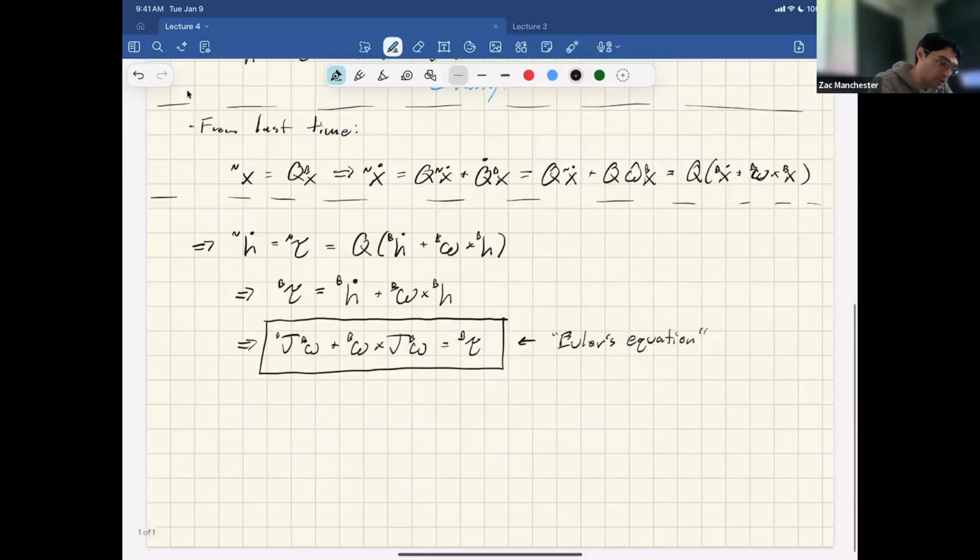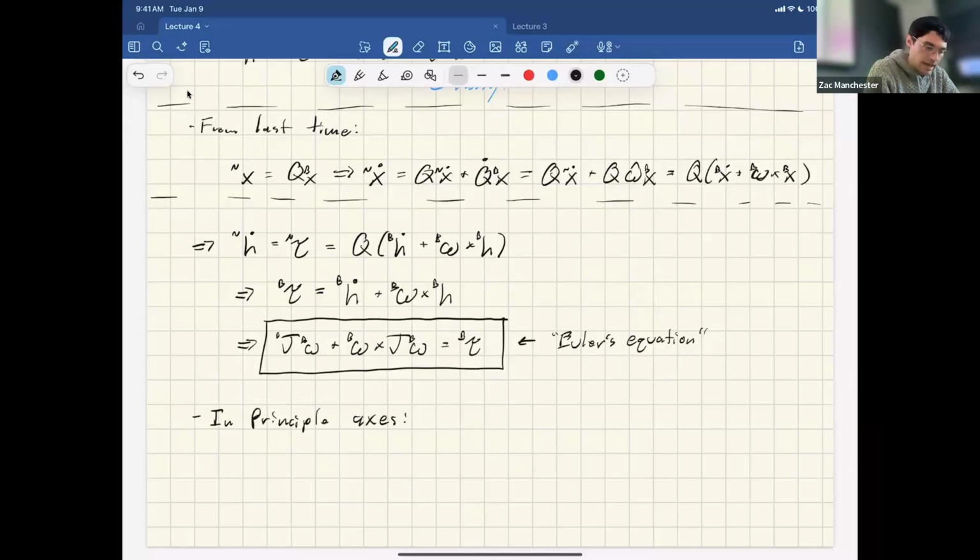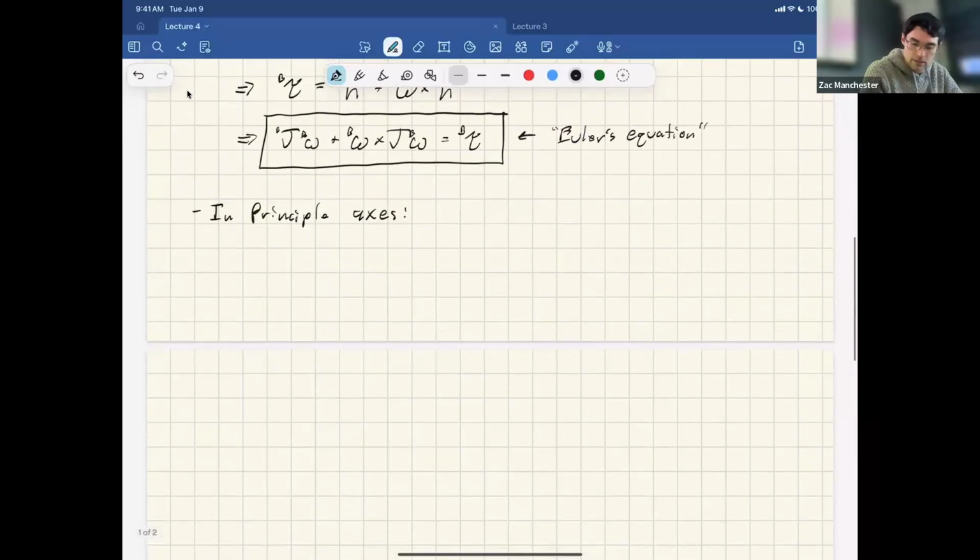So we'll write those down real quick. They show up. They're useful for analysis and stuff, which we will use them. So in principal axes, this reduces down to the following thing.